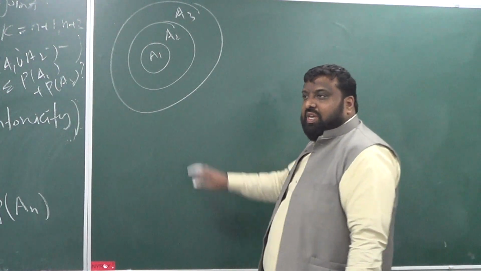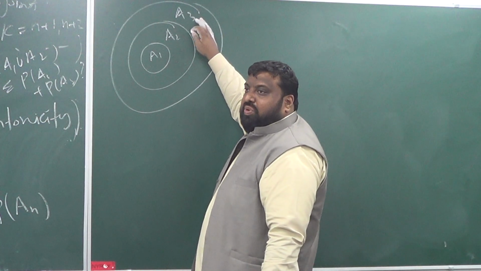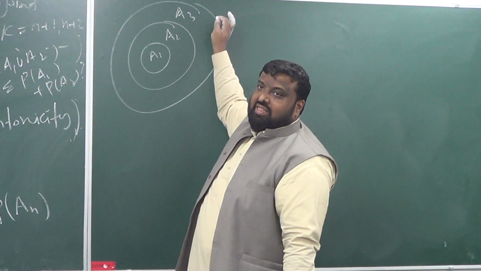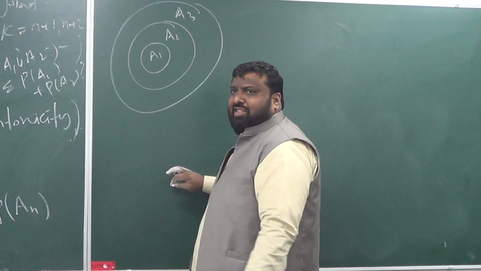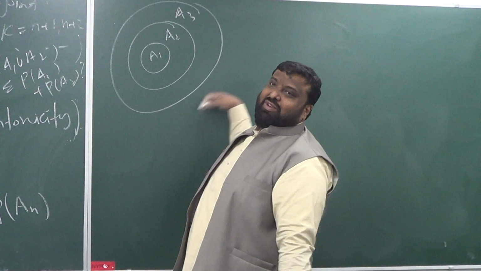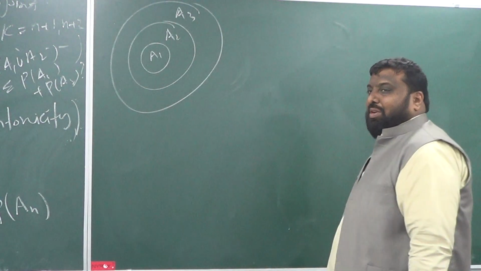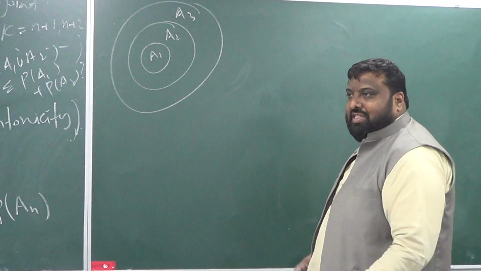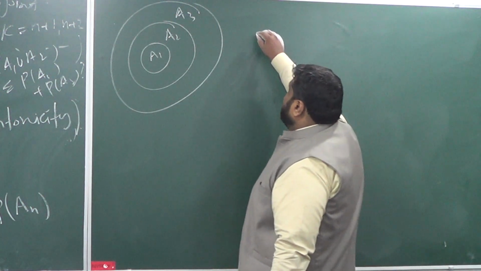If you keep on unioning these and want to compute the probability of the union of all of them, take roughly the biggest one, the limiting one, because that limiting one is going to absorb all of the events. How to do it actually?